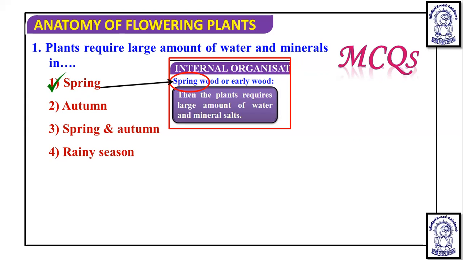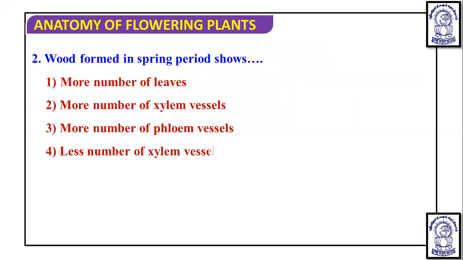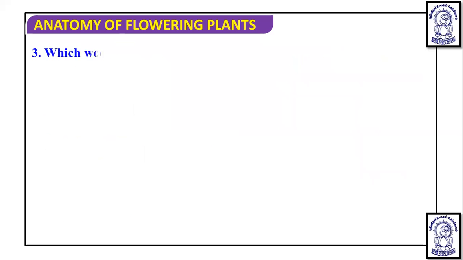So in spring wood the cambium activity is more. The wood formed in the spring period shows more activity of vascular cambium, so a large number of xylem vessels are formed with a wider lumen. So more number of xylem vessels, that is the second option.